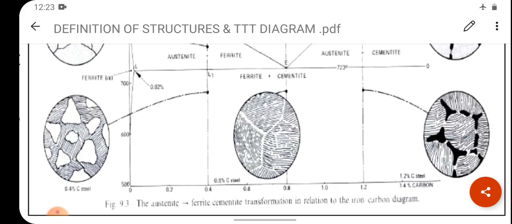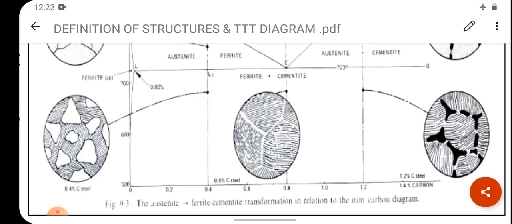So at 0.4% of carbon, that is 0.4% carbon steel, the microstructure will be like this. See the left hand side diagram, extreme left. See the middle diagram. At 0.8% carbon, there is ferrite plus cementite. Clear?